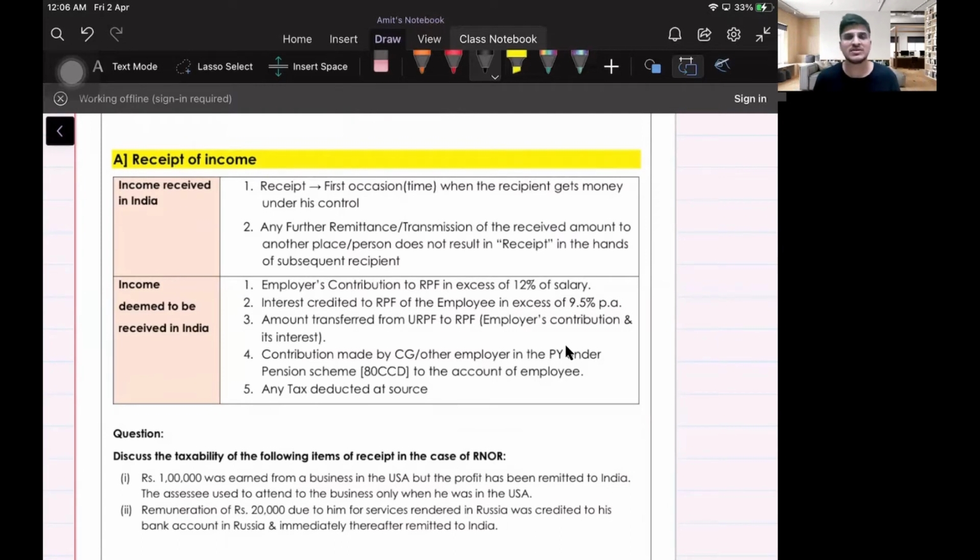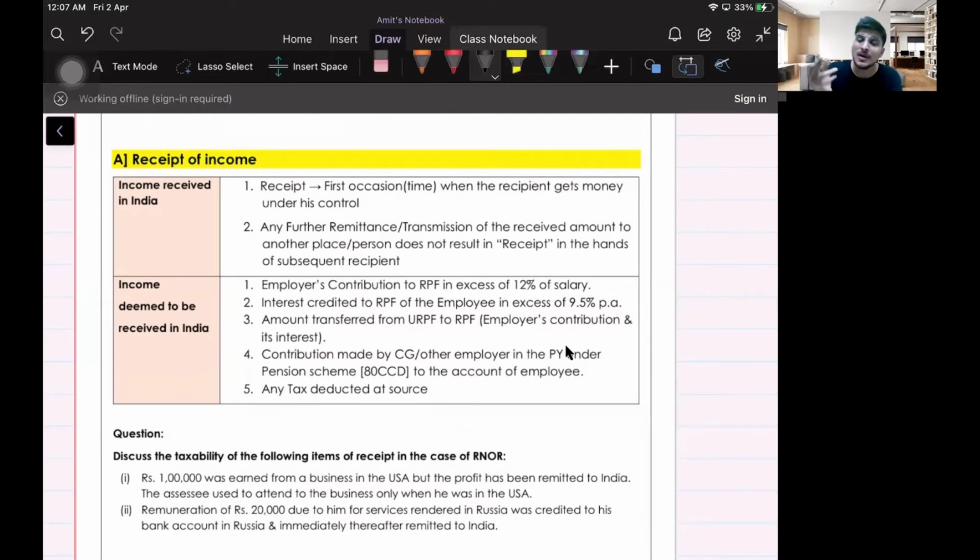Income deemed to be received in India, there are 5 parts. First is employer contribution. To the extent of 12%, there is no tax, no income. But over and above 12% of salary, that is employer's contribution, then you will have to pay tax because that will be considered as Indian income. Employer's contribution to recognized provident fund.